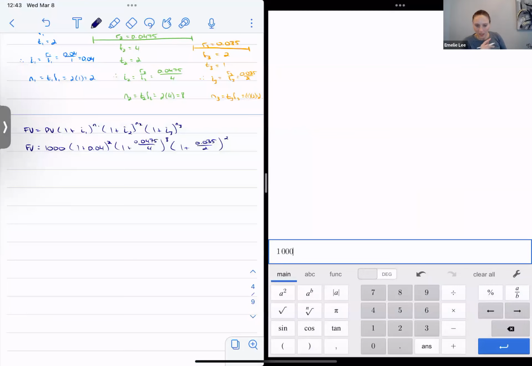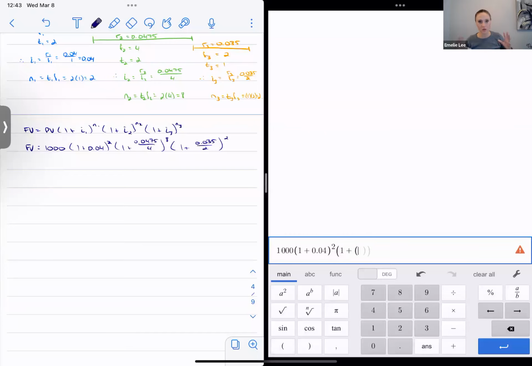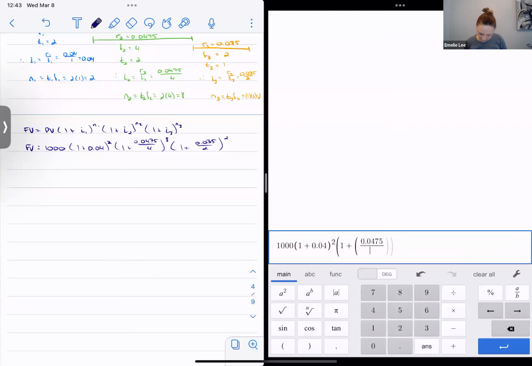So bracket 1 plus 0.04, to the power of 2, times bracket 1 plus bracket 0.0475 divided by 4, close the bracket, to the power of 8.